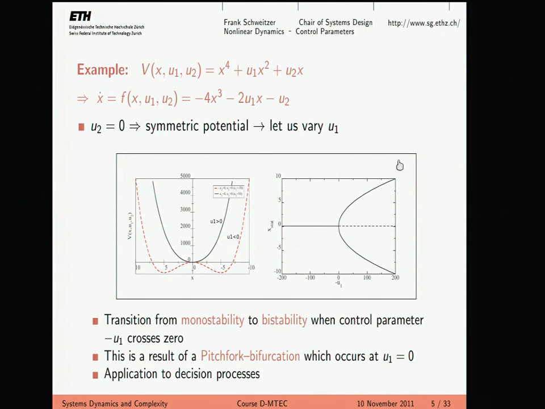All right, it's minus u1 to make things more interesting, basically so that this can look like a pitchfork. You'll see why. I mean, it looks like a pitchfork, really. So minus u1. So this case here, when u1 is minus 50, would be here. All right. This is the point when u1 is minus 50.